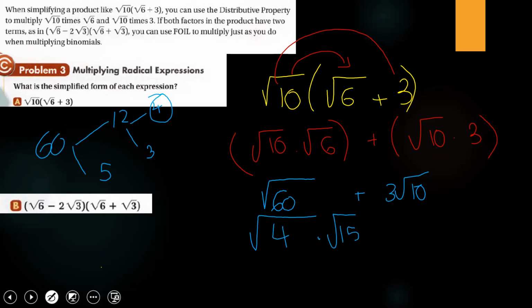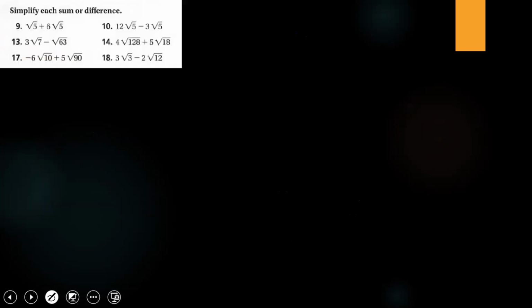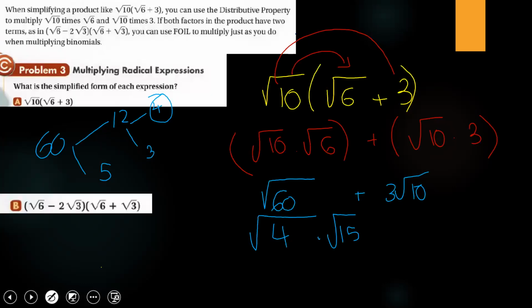Keep them as they are. Then, what is the square root of 4? It is 2. So 2 square root of 15 plus 3 square root of 10. This is now the final answer.